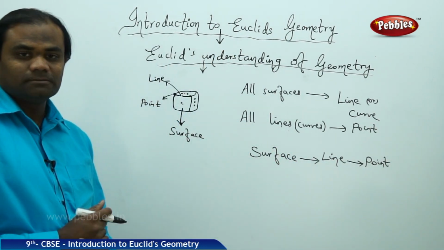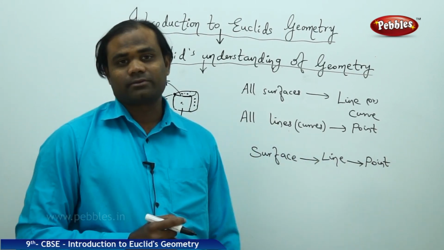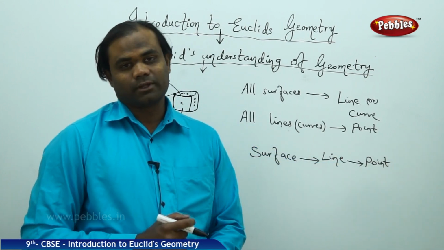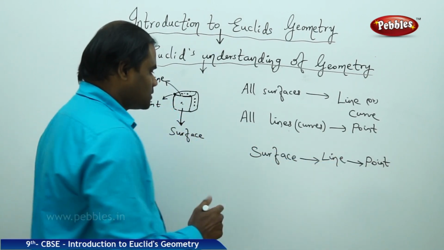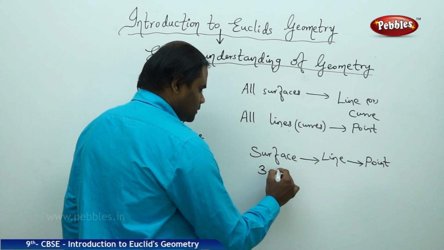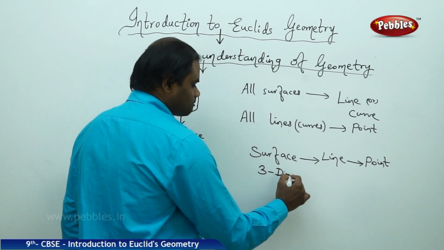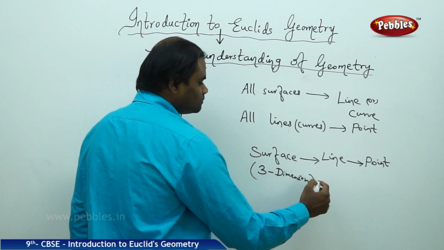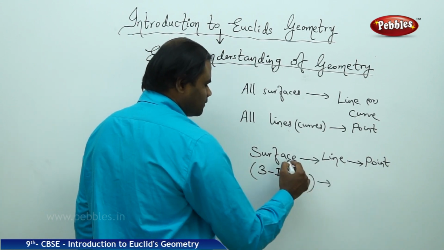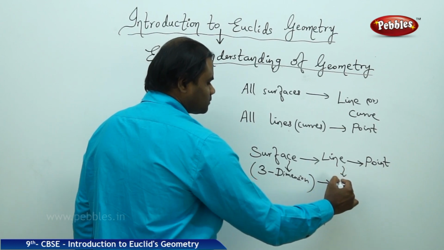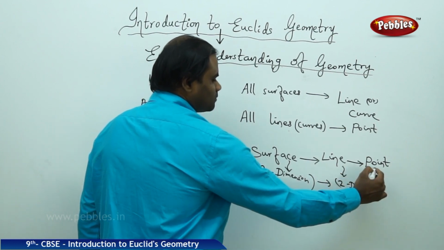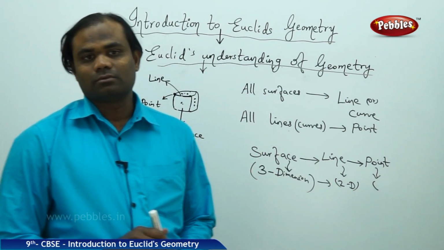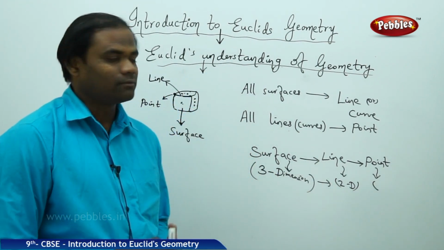And this is how the transition happens: surface to line and line to point. And surface is referred to with 3-dimension, and this refers to 2-dimension, and this refers to unique dimension, is how we understand.